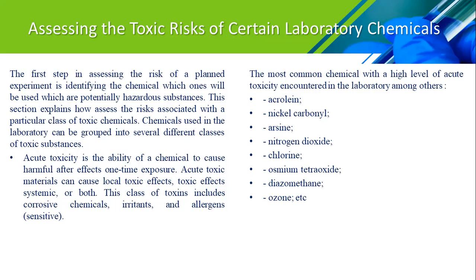This class of toxins includes corrosive chemicals, irritants, and allergens or sensitizers. The most common chemicals with a high level of acute toxicity encountered in the laboratory include acrolein, nickel carbonyl, arsine, nitrogen dioxide, chlorine, osmium tetroxide, diazomethane, ozone, and many more.